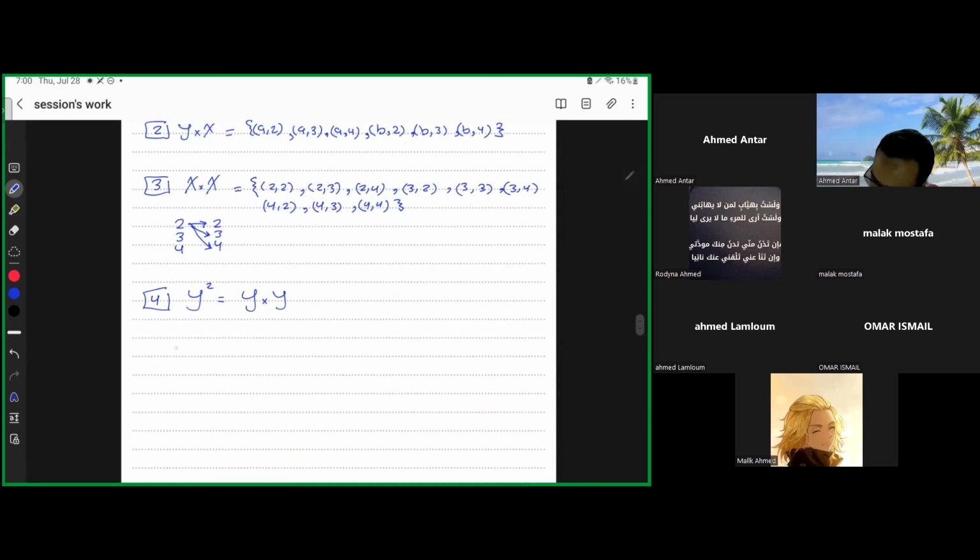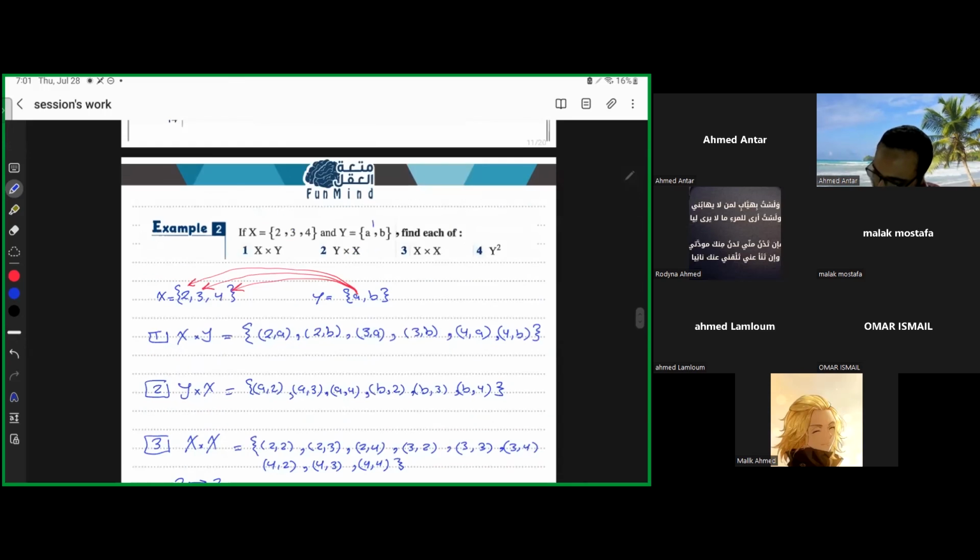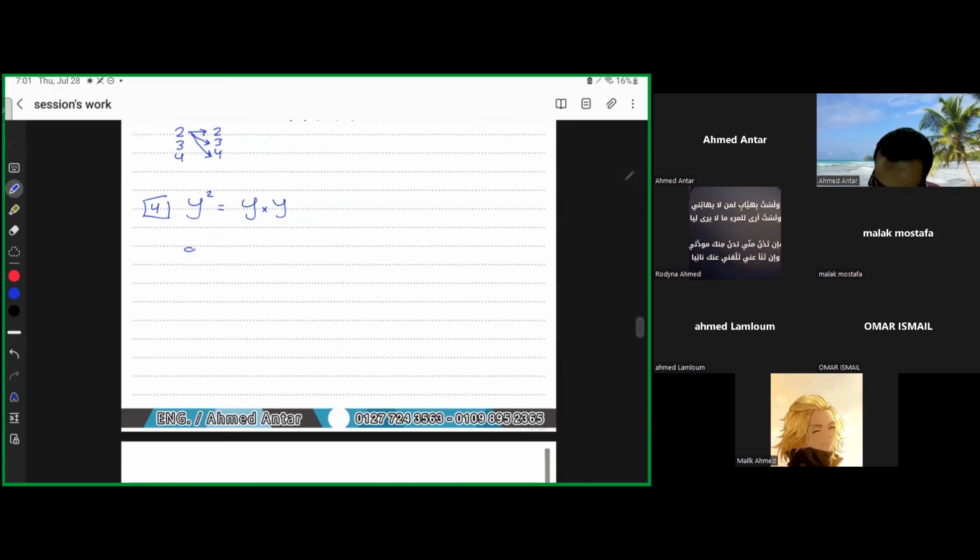So the y contains a and b. (a, a), then (a, b), then (b, a), then (b, b). And put a comma between each term.